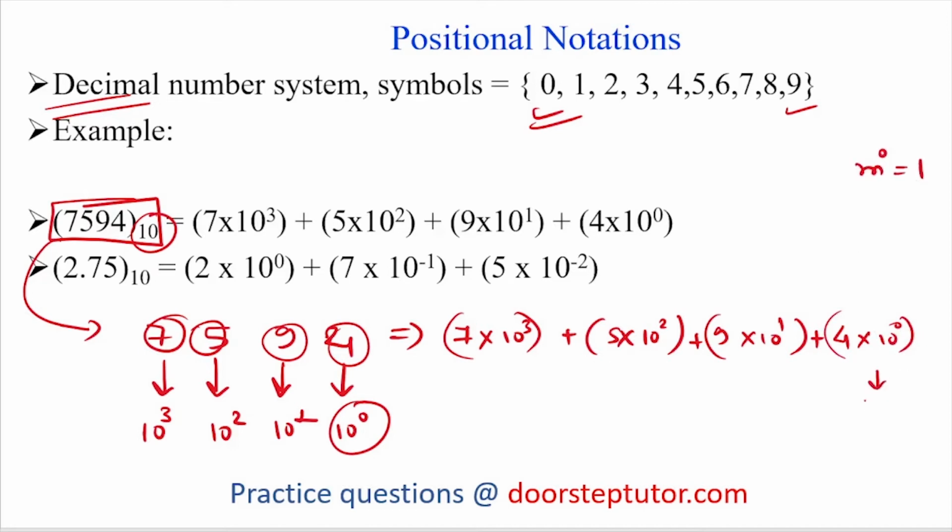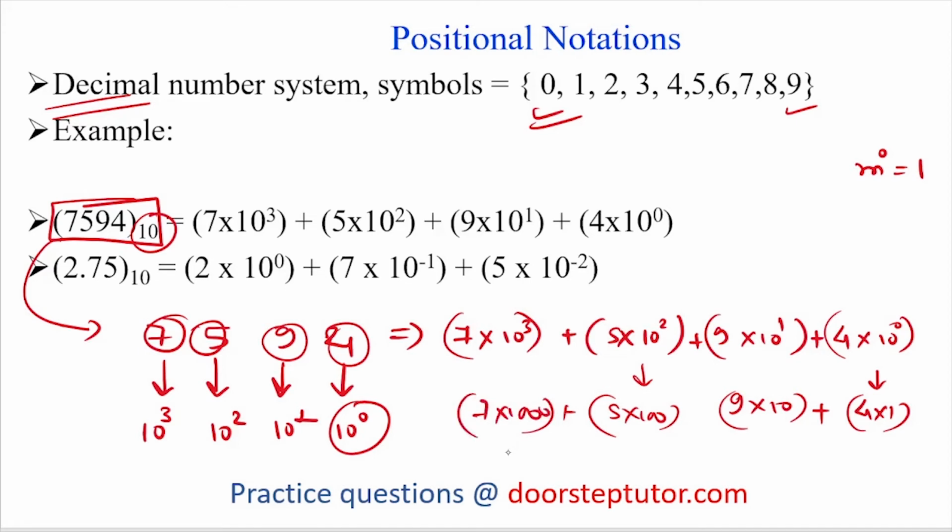So this will become 4 into 1, 9 into 10, 5 into 100, and 7 into 1000. If we add these numbers, we get 7000 plus 500 plus 90 plus 4, that will become 7594. That is our decimal number.